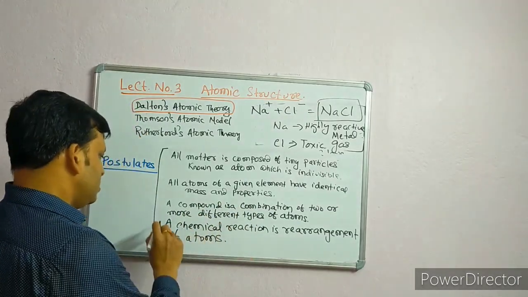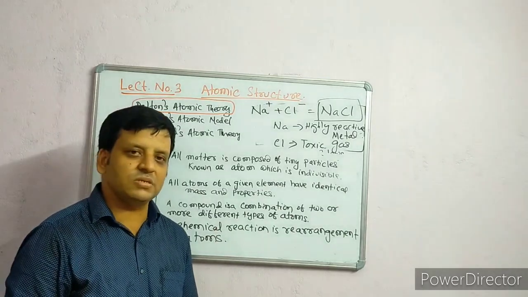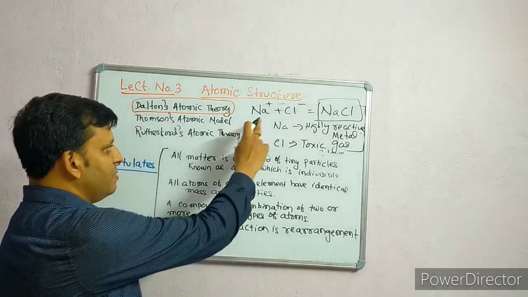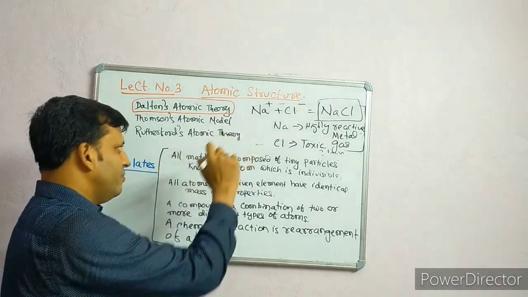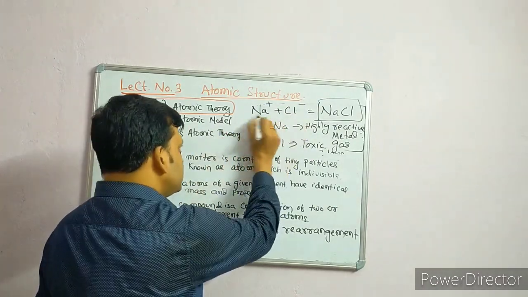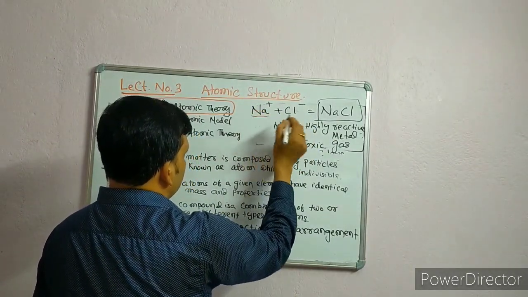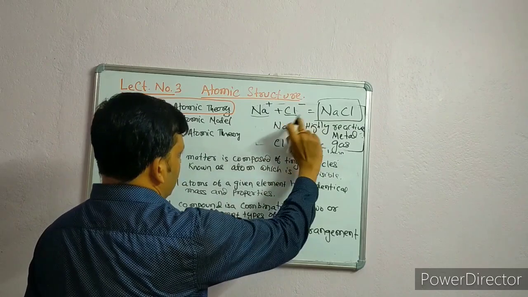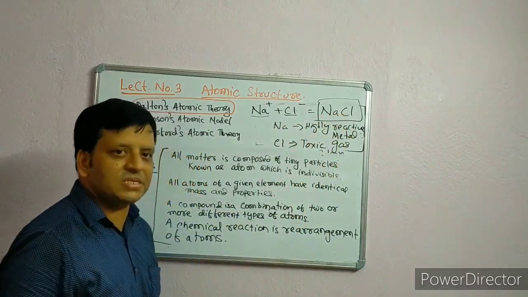The next one is a chemical reaction is rearrangement of atoms. So again we can go back to this sodium chloride. Before this reaction there was the presence of sodium and chlorine. But after the reaction also sodium and chlorine both are still present.